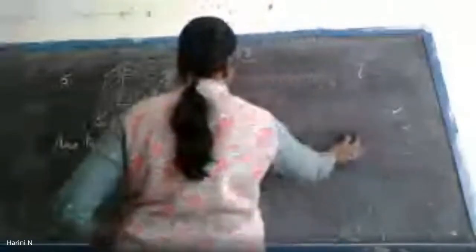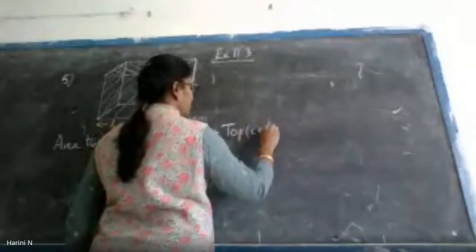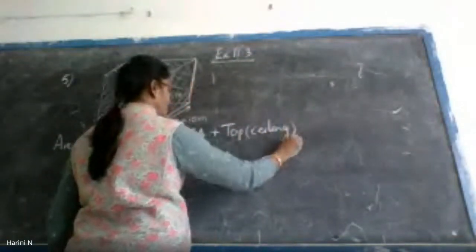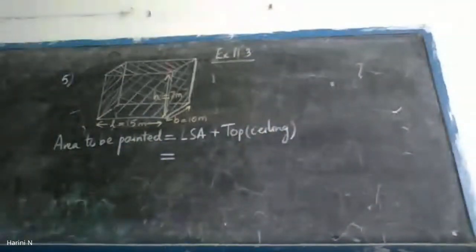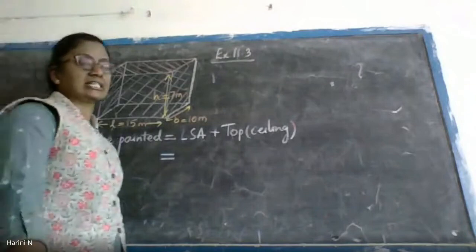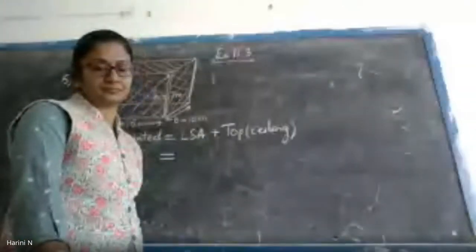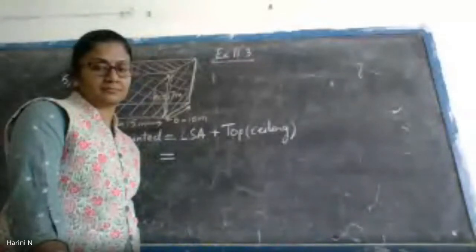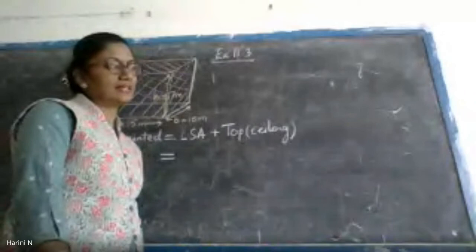So area to be painted is the LSA plus the top, which is the ceiling. I am writing the bracket as ceiling. So LSA of a cuboid. Please get back to your formula page and see what is the lateral surface area of a cuboid.